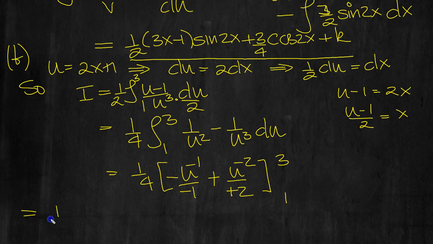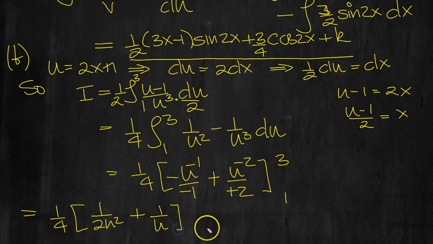So that equals 1/4. Sort it out tidily. Put this term first, 1 over 2u squared, isn't it? Drop the u down below with the 2. And this is plus, oh there's a plus here. So we could have written that one first, 1 over u. Okay, and that would be between 1 and 3, which equals 1/4 then.